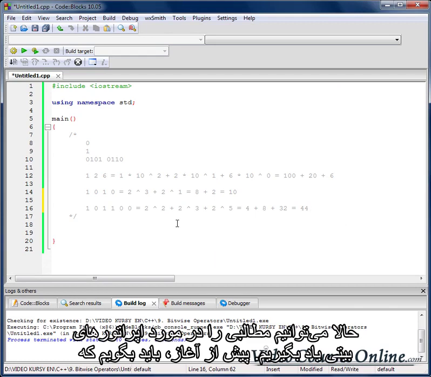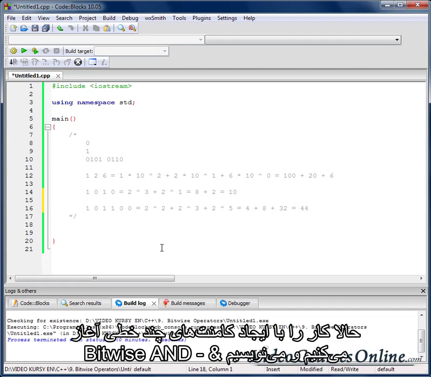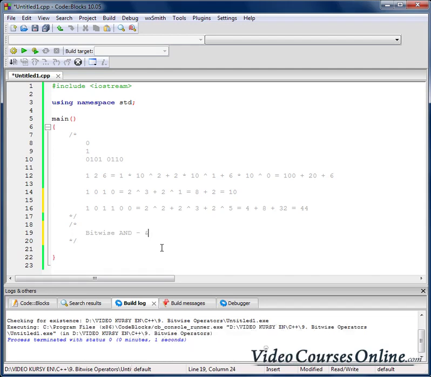Okay, now we can learn about the bitwise operators. Before we start, I'd like to mention that I'm assuming that you understand the lesson about relational operators very well. Okay, let's start by making a multi-line comment, and let's start from the bitwise AND operator, which is 1 ampersand.